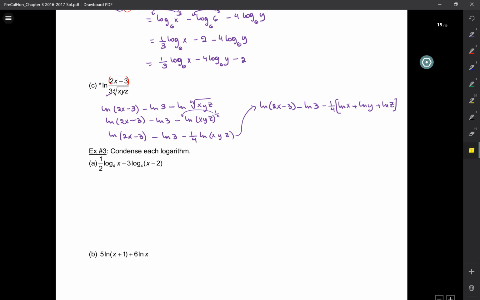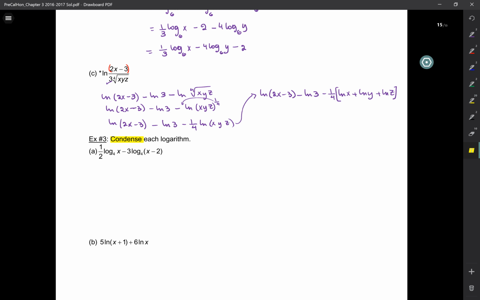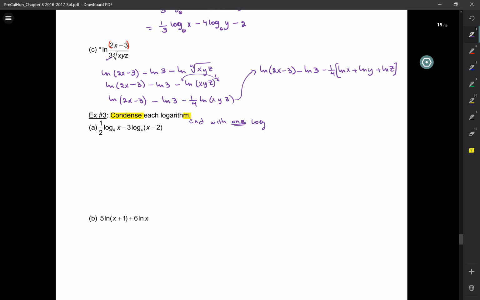So next, we're asked to condense. When you condense, you have to end with one logarithm or an ln. All right, so we're going to condense into one logarithm. Okay, so we're going to do everything in reverse order now. It's just like you're rewinding.